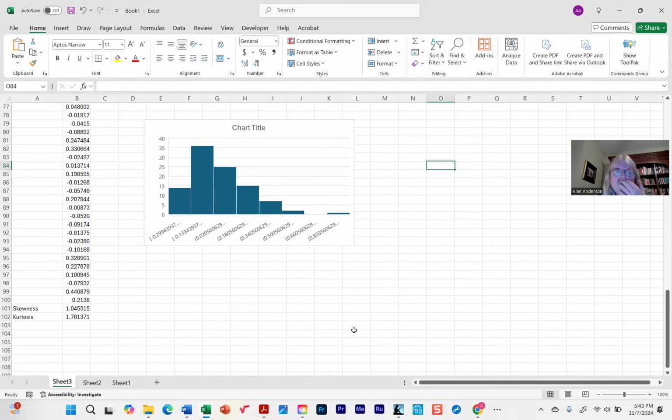So if you remember, let's get back to this document. The normal distribution can be characterized in two different ways.